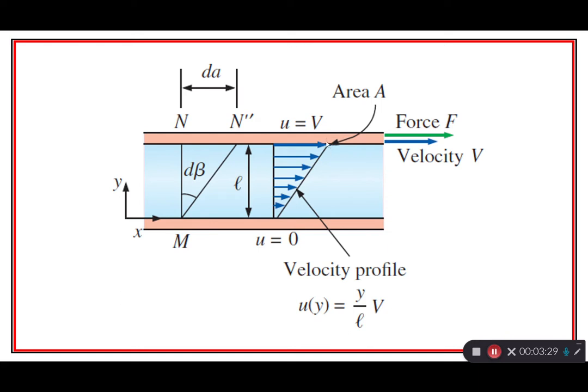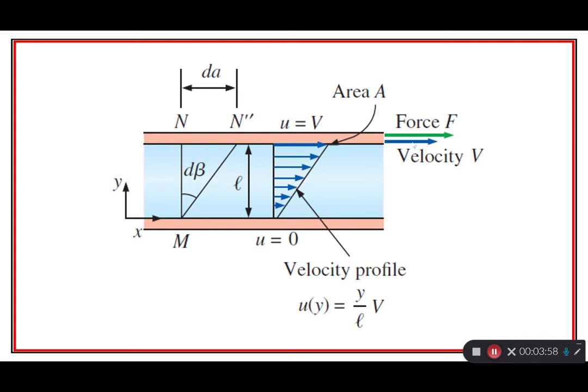So anyway, all the molecules touching the plate will move with the same velocity as the plate. Therefore, there's a change in velocity within the fluid in this little gap, which they decided to call L for some reason. So there's a velocity profile, and that's an important thing. That means the velocity changes with the height, or you can think of it as the thickness, of the fluid in this arrangement.